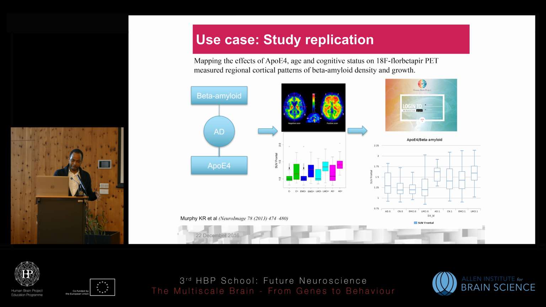And this is a paper that was published that you can replicate because you have the same data in the platform. In the platform, you will query information: my question of interest is about Alzheimer's disease, I will choose this as a diagnostic, I will choose a variable PET in some regions, whole brain or different subparts, and I will select ApoE4 as a covariate, and I will do the interaction.